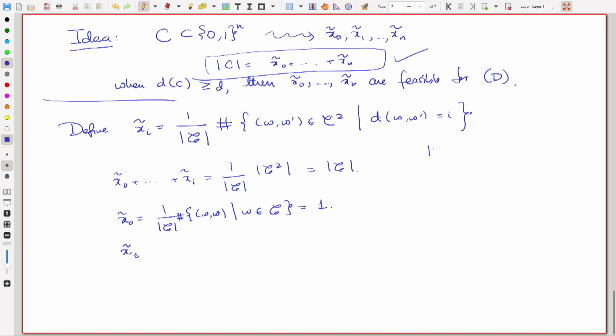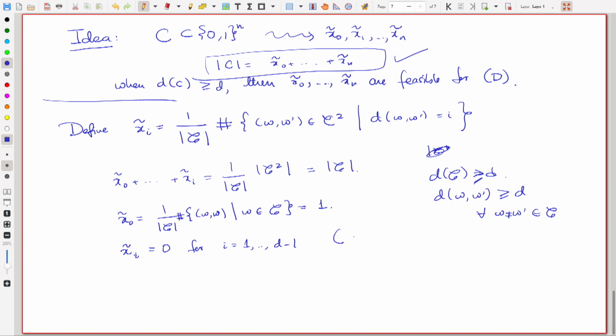So, if d of C is d, minimum, d of w, w prime is greater than or equal to d for all w, w prime, w not equal to w prime in C. So, x tilde i is equal to 0 for i goes from 1 to d minus 1.